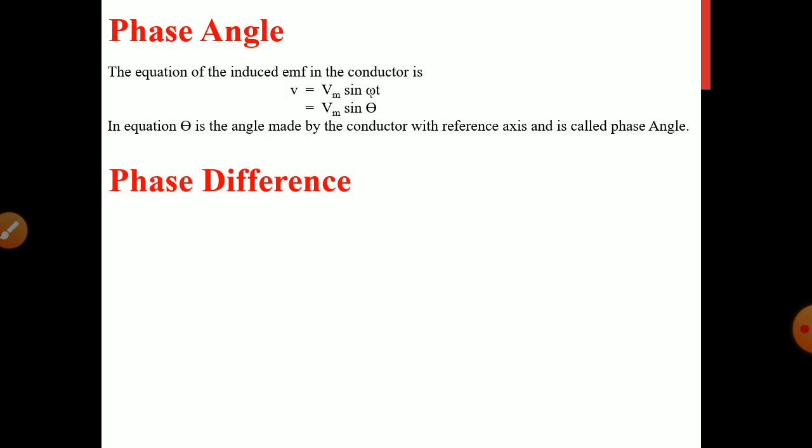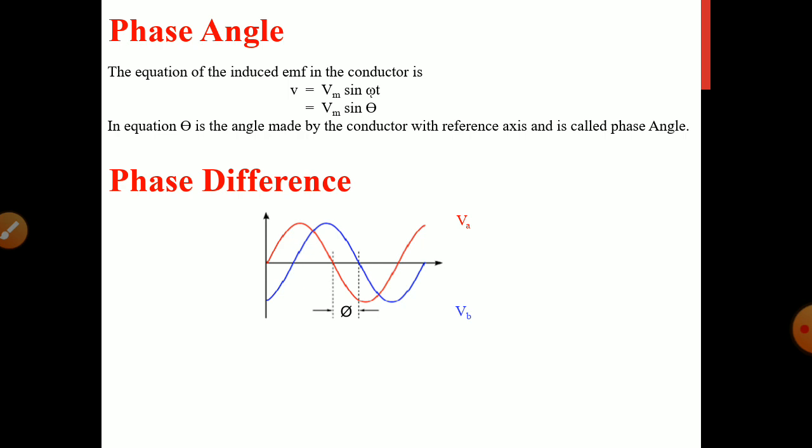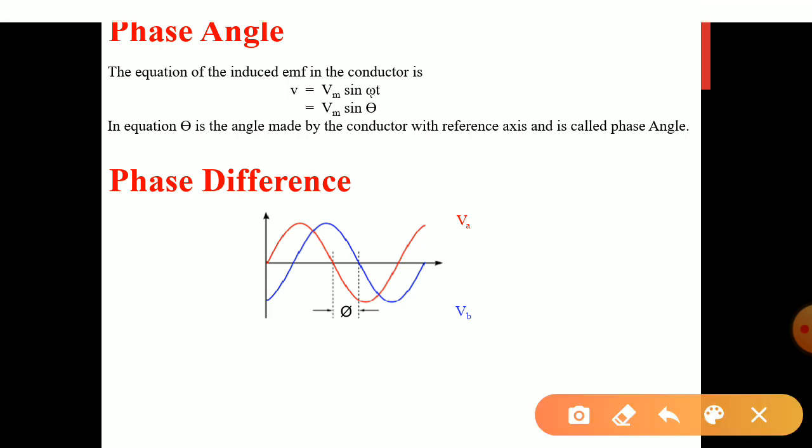Now the next topic we'll see is phase difference. It is not necessary that two voltage or current waves originate at the same time. Now refer to this figure. Here we have two voltages, let us say VA and VB, and they do not have the same zero crossover point.